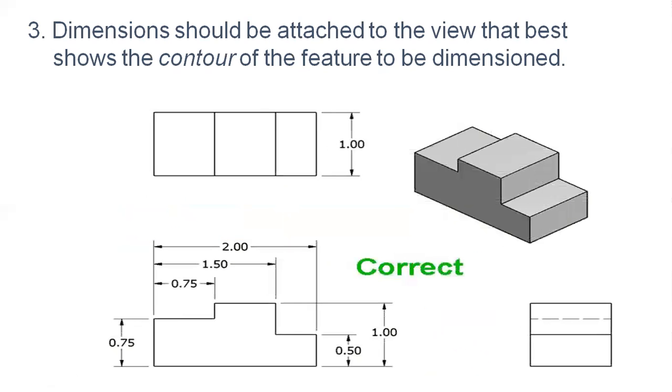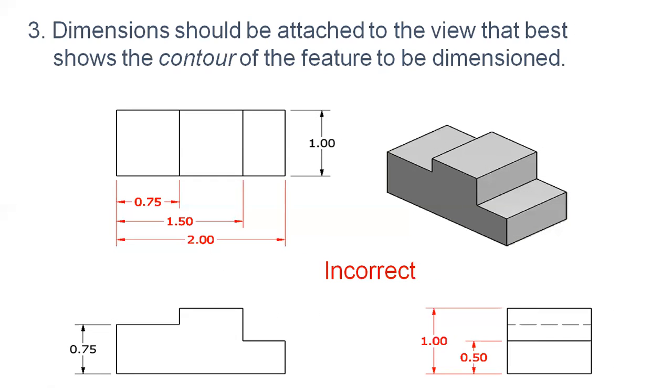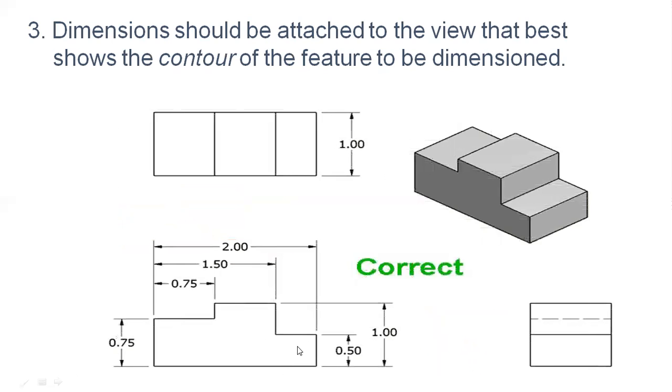In the previous diagram, it is 1 and 0.5, not mentioned in the front view, so it confuses the reader about what these dimensions are for. In this diagram, the correct one, 0.5 and 1 mm are mentioned on the surface features, or the adjacent part of the view.